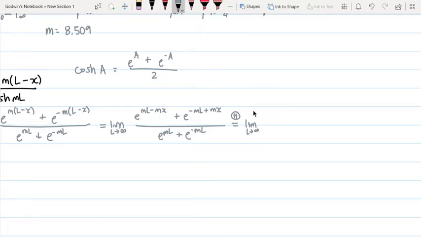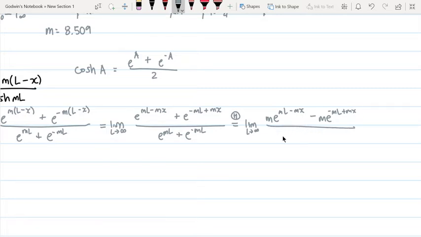Since yung L lang yung tinatreat natin as variable, we're only going to bring down the m. So you're going to have m e to the ml minus mx, since mx is just a constant, plus, not plus, sorry, minus, kasi this is minus now, m e to the ml, minus ml plus mx, okay?